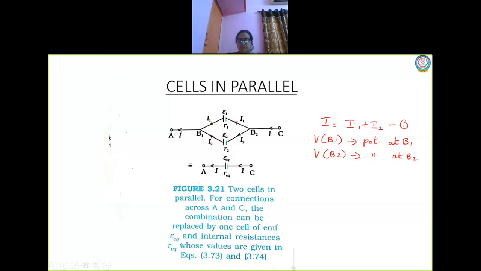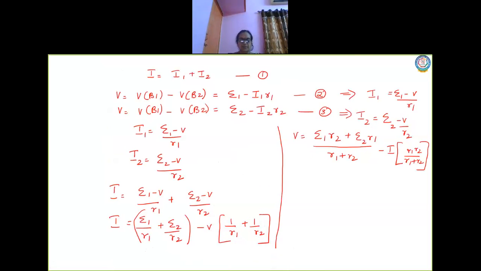So if we want to replace the combination by a single cell, then I have the value of equivalent EMF, potential difference is equal to EMF equivalent minus I into R equivalent. Again, this formula we are familiar with. Yes or no?